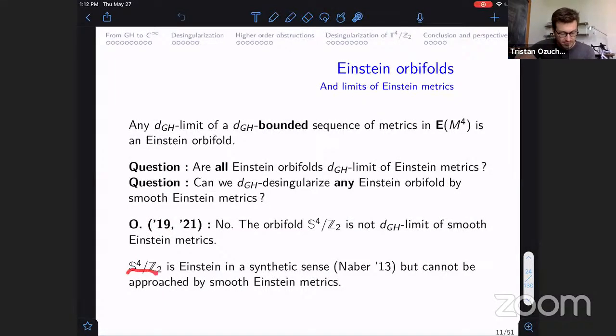Let's note that this space is Einstein in a synthetic sense, and here we show that even though it's Einstein in a synthetic sense, it's not a limit of Einstein metrics. That's also interesting with respect to all of these synthetic notions of curvature.